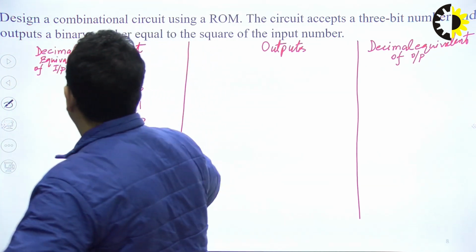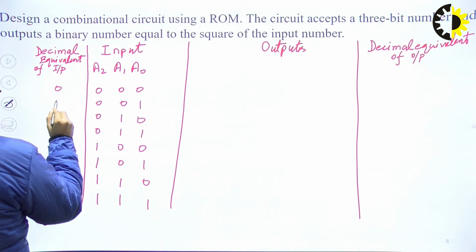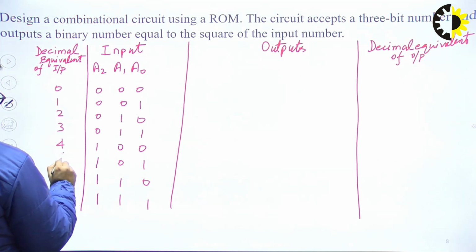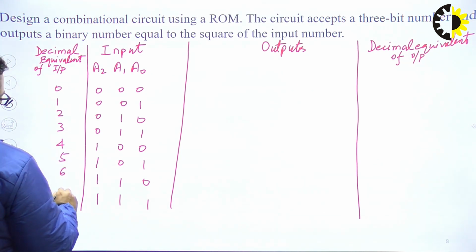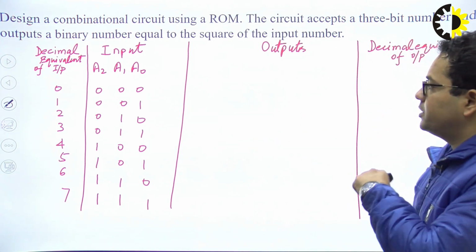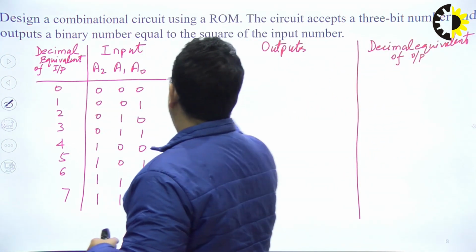So these are all the input combinations. The decimal equivalents are 0, 1, 2, 3, 4, 5, 6 and 7. So we have these decimal equivalents of the input, and after this, as per the logic provided to us, we have to write the output.